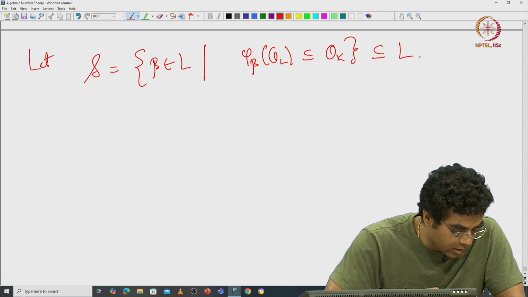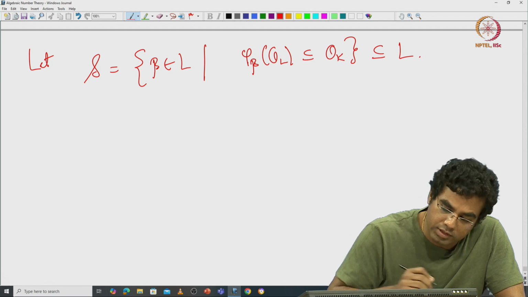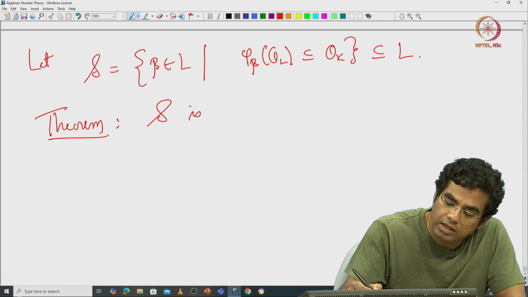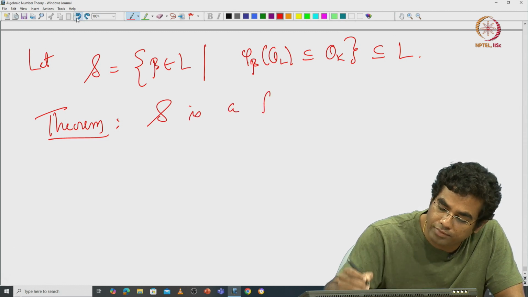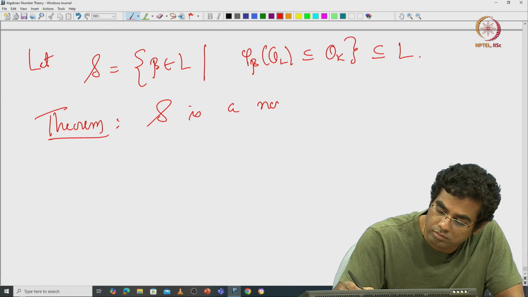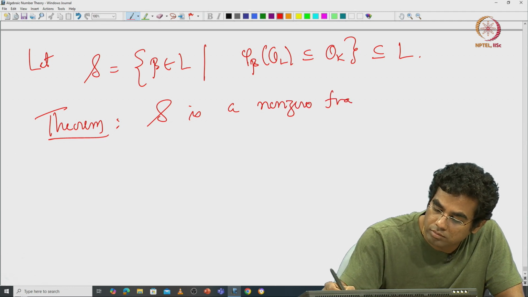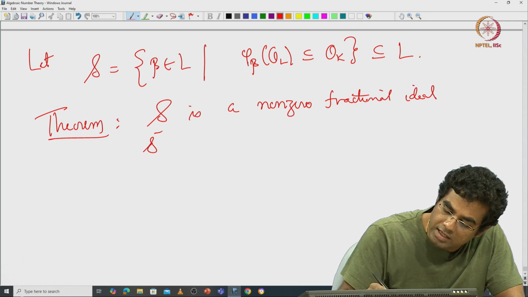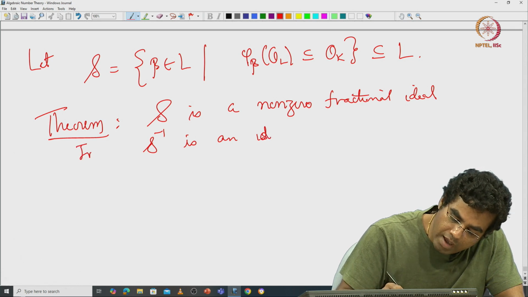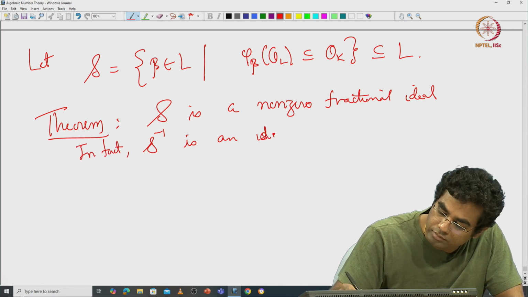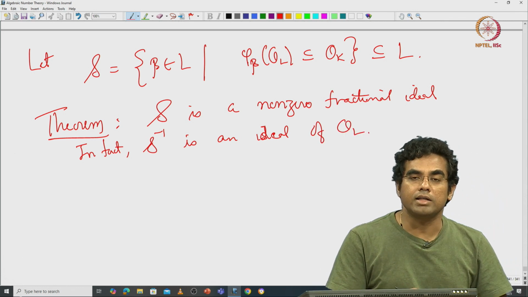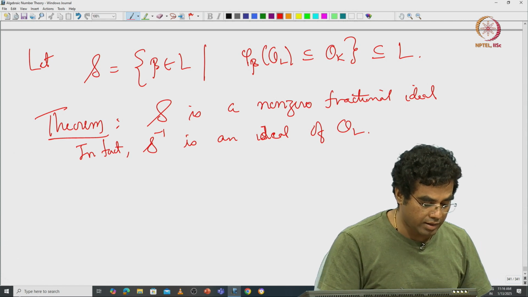Our big theorem today is that S is a non-zero fractional ideal. In fact, S inverse is an ideal of OL. So not only is it a fractional ideal, its inverse is actually an integral ideal.